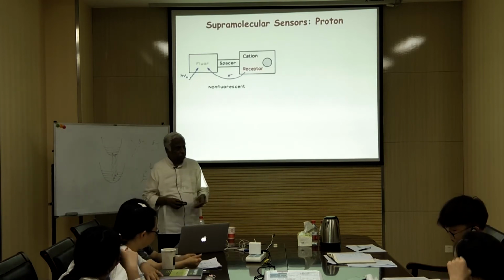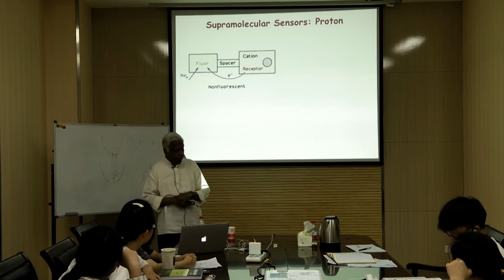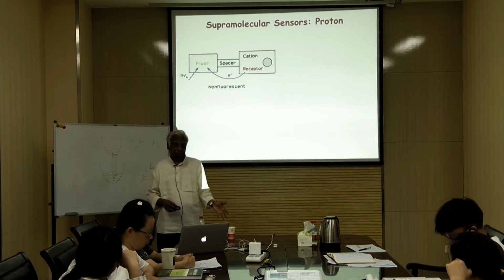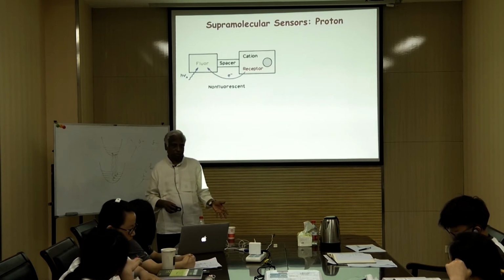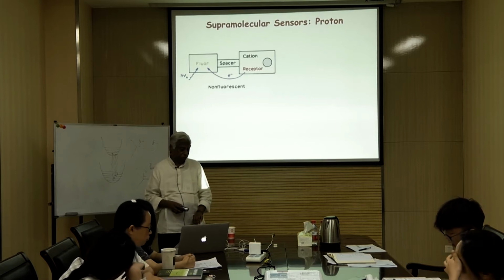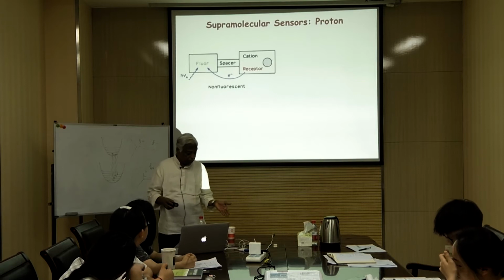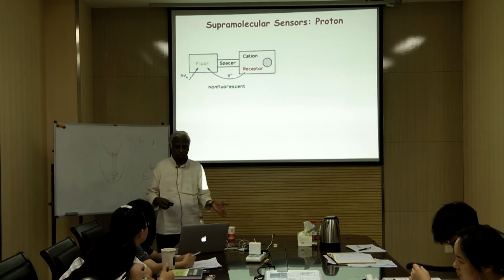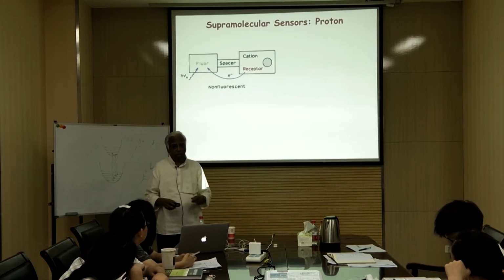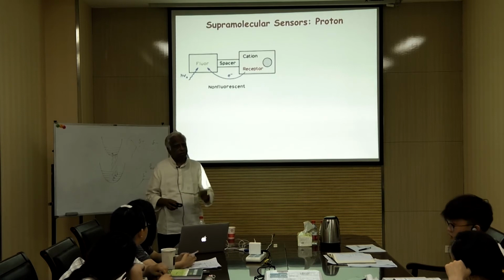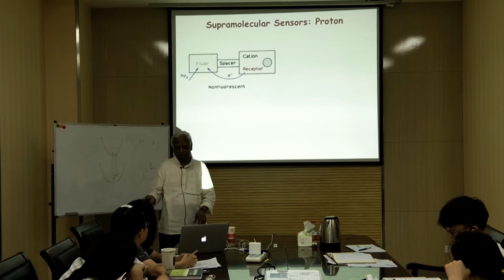You put your sensor there, and suddenly it becomes very bright. That means something happened to this water. Depending upon what kind of sensor you put, you can tell there is too much sodium, or too much alcohol, or too much proton or something. So each one is a different sensor.